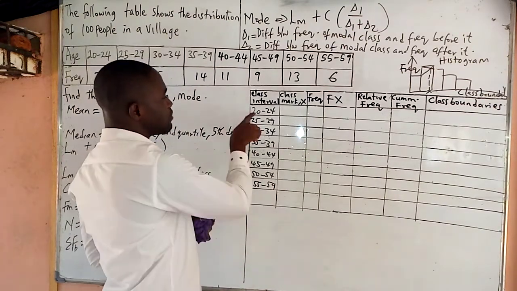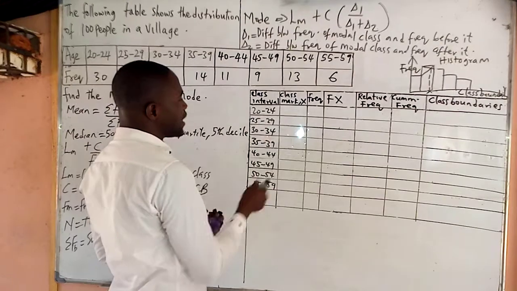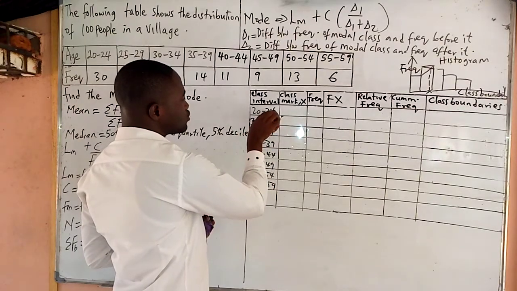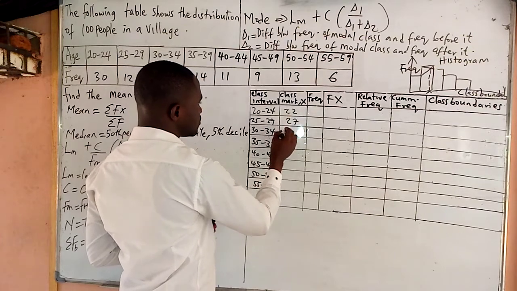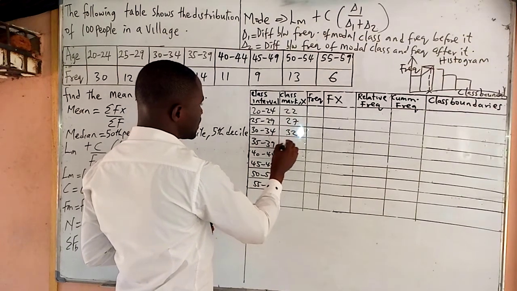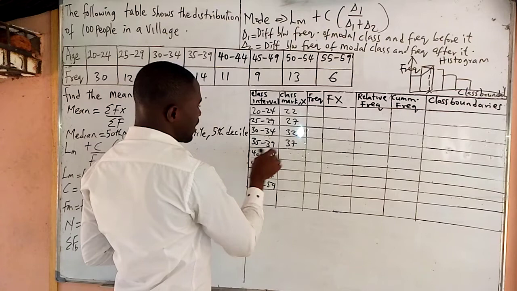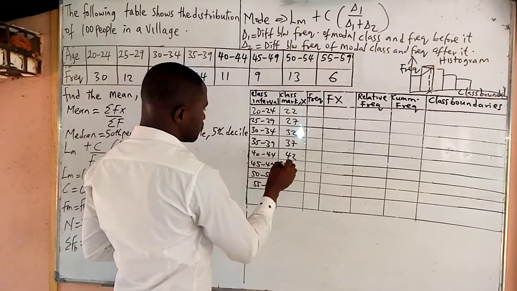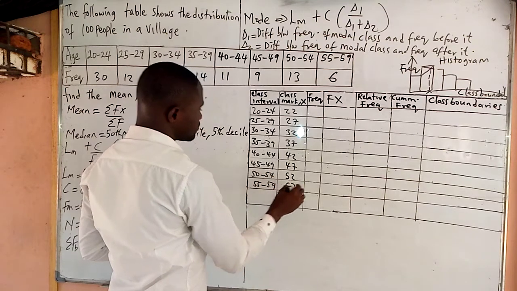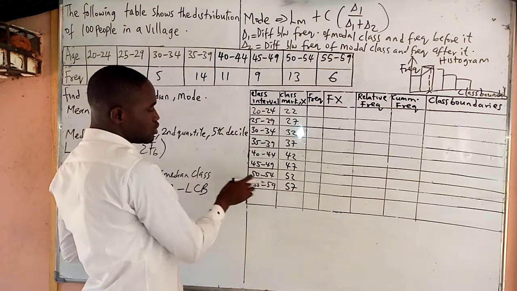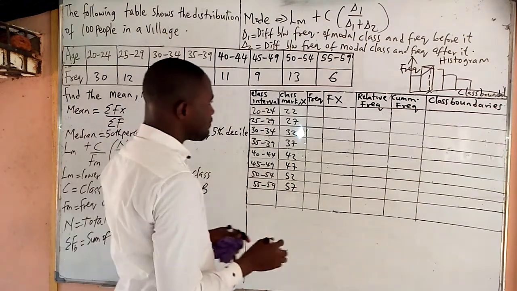Your class mark means add the two class interval limits and divide by 2. 20 plus 24 is 44, divided by 2 is 22, then 27, 32, 37, 42, 47, 52, 57.